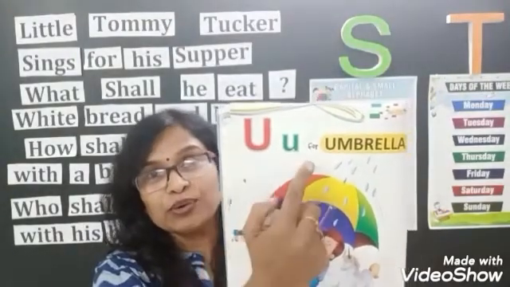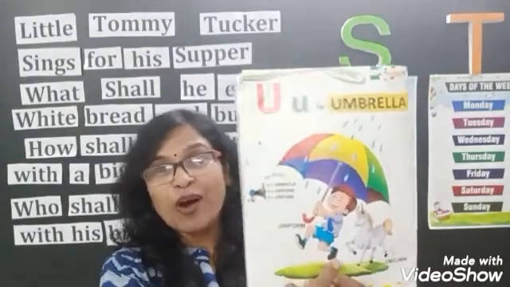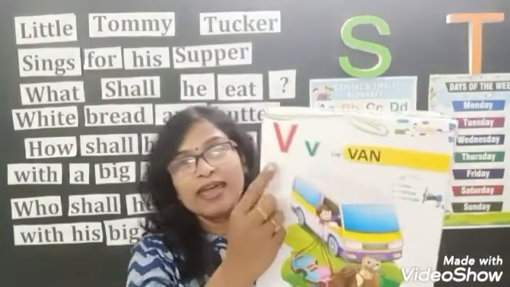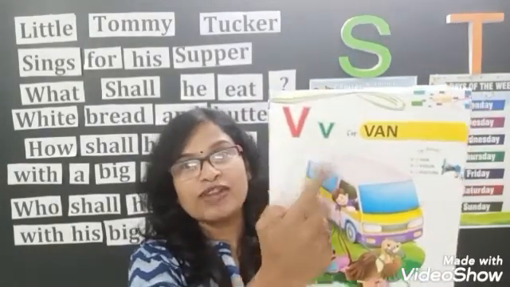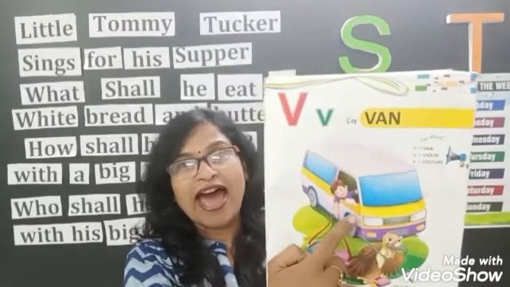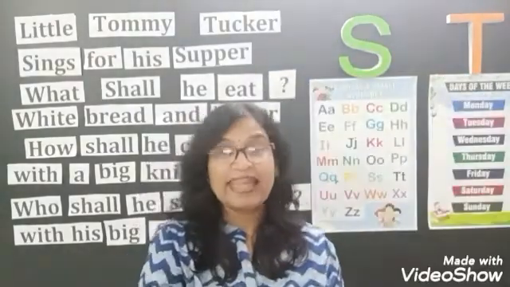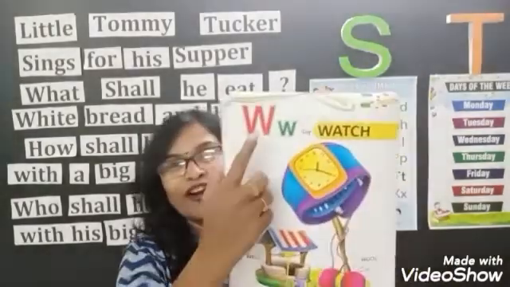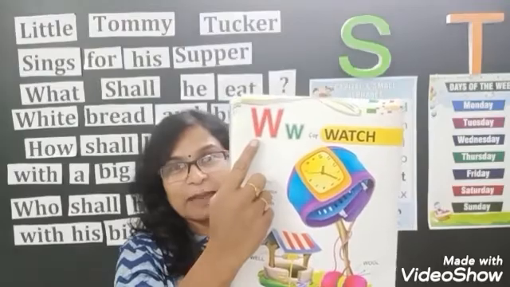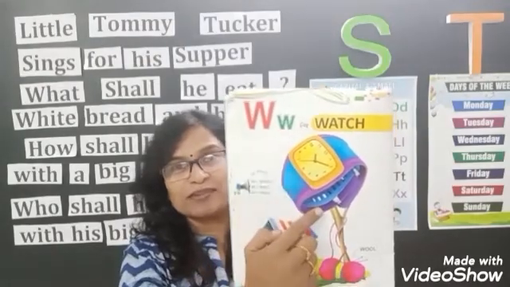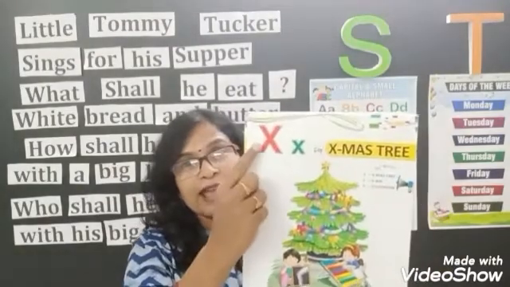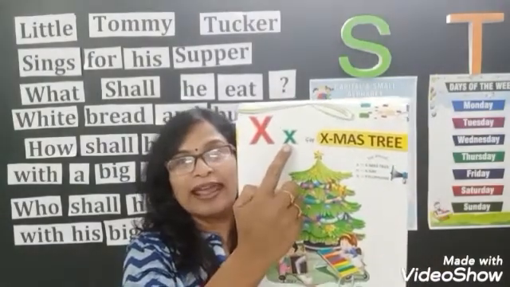U, capital U, small u. U for umbrella. Then we have capital V and small v. V for van. Then comes our letter W. W for watch. Capital W and small w. Capital X and small x.